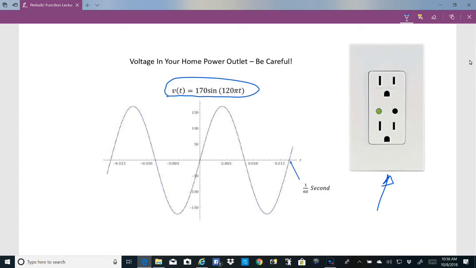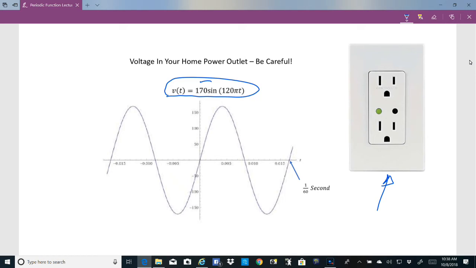In other words, the voltage coming out of there can reach a peak of 170 volts, which could be very lethal if you get your hands wet. So be careful. Anyway, the waveform looks like 170 sine of 120 pi t.